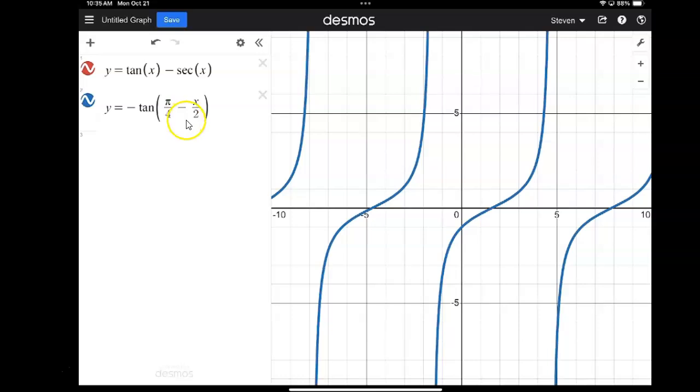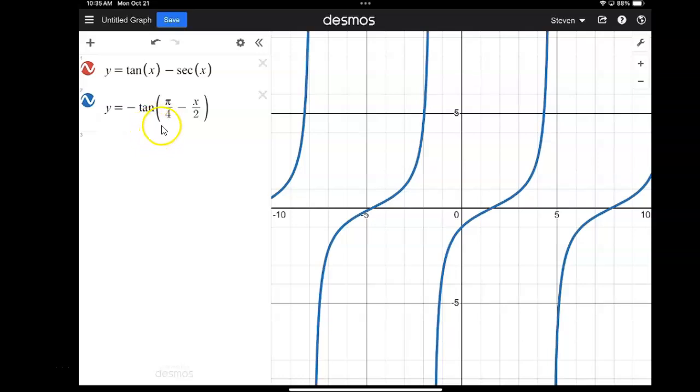Now, we could go through algebraically using a tangent identity for a tangent of a difference of two angles and make some progress with that, and maybe do some other identities and eventually be able to manipulate it to show that that's the case. It would take a little bit of work, but we could probably get there.